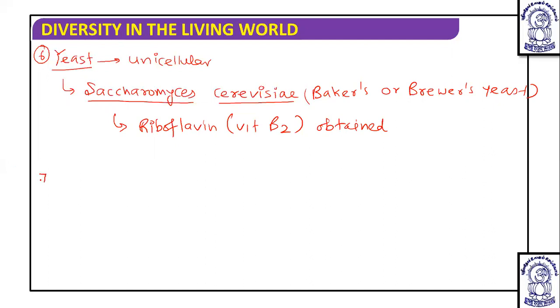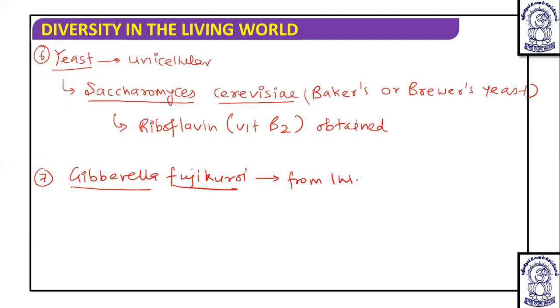Apart from this, Gibberella fujikuroi is also an example of Ascomycetes, and from this gibberellin, that is a plant hormone, is obtained.